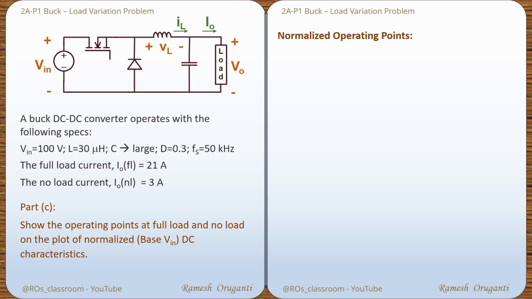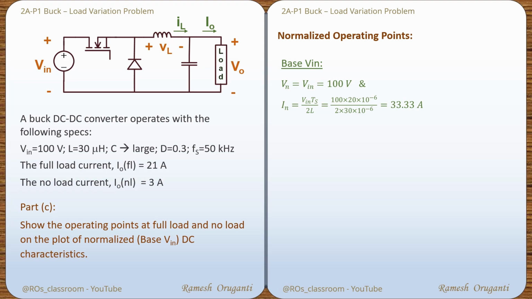The normalized operating point here refers to the pair of values, normalized output voltage and normalized output current. Vn is the normalizing factor for voltage, that equals Vin equals 100 volts, and In is the normalizing factor for current, that equals Vin Ts by 2L, that is 33.33 amperes. You can work it out.